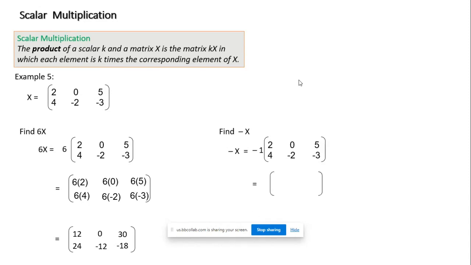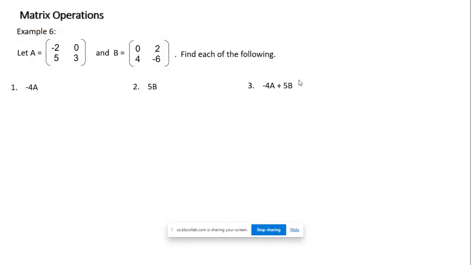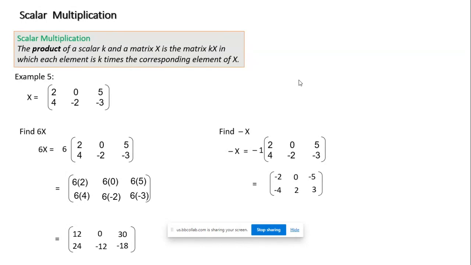So let's go ahead and do that. 2 times a negative 1 is a negative 2. Negative 1 times 0 is 0. Negative 1 times 5 is a negative 5. Negative 1 times a positive 4 is a negative 4. Negative 1 times a negative 2 is a positive 2. And negative 1 times a negative 3 is a positive 3. Okay? All right. So these were examples of scalar multiplication.